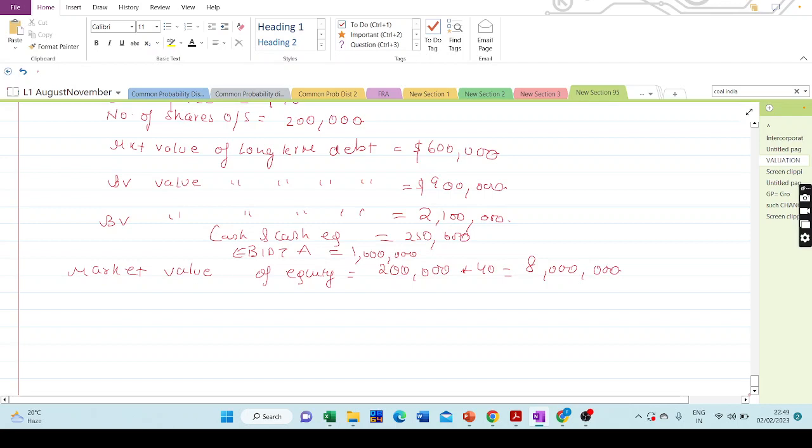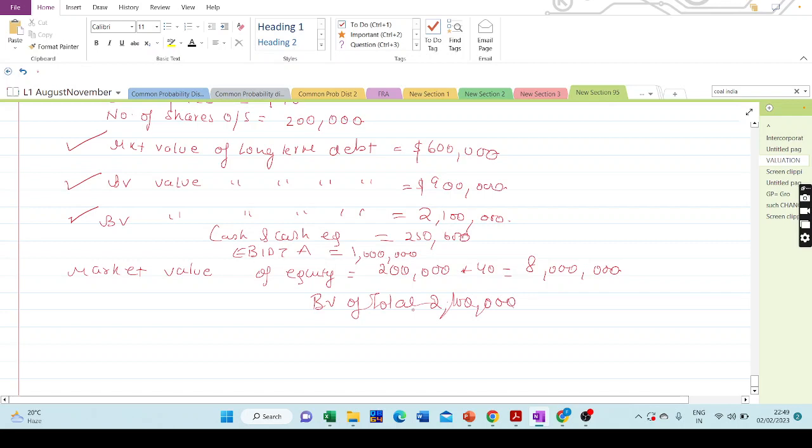Then we have to calculate the market value of debt. Now we have been given market value of long-term debt, and we've been given book value of total debt and book value of long-term debt, right? So we do not know the market value of short-term debt. My book value of total debt is 2.1 million.